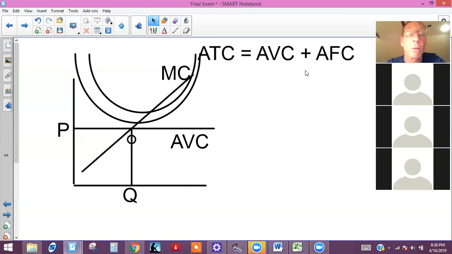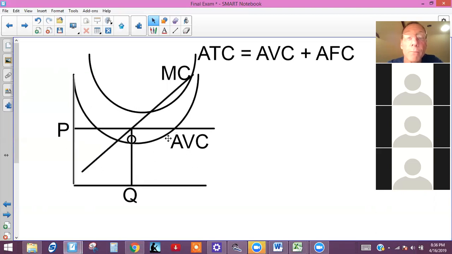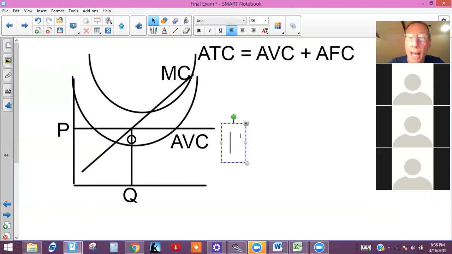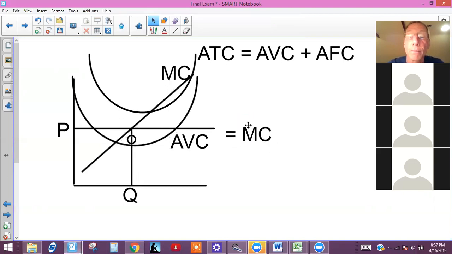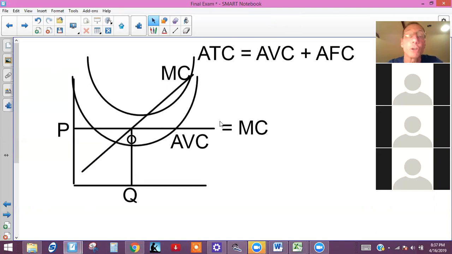So they would shut down. If they're going to operate, then price or marginal cost has to be equal to or greater than average variable cost. Okay, it can be lower than average total cost in the short run, but cannot be lower than average variable cost. Okay, and you've learned that.